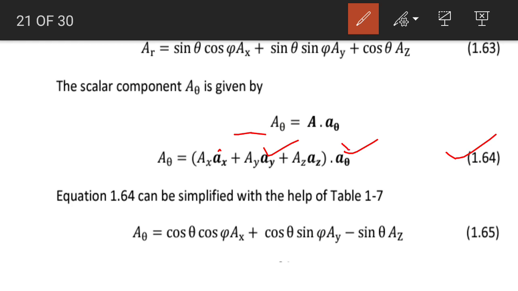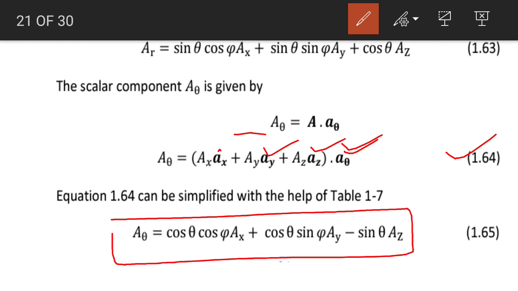AY dot A theta results in cos theta sin phi, and AZ dot A theta results in minus sin theta. So if we simplify the scalar product on the right hand side of equation number 64, we obtain equation number 65. So this is the component of vector A in the direction of the unit vector A theta.